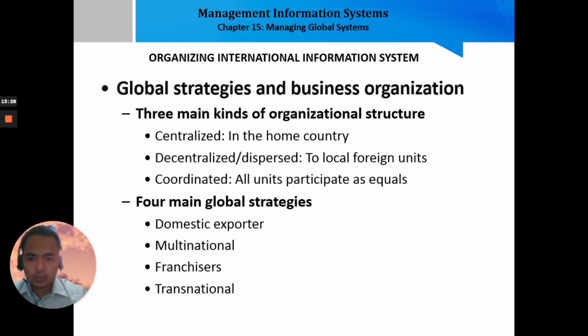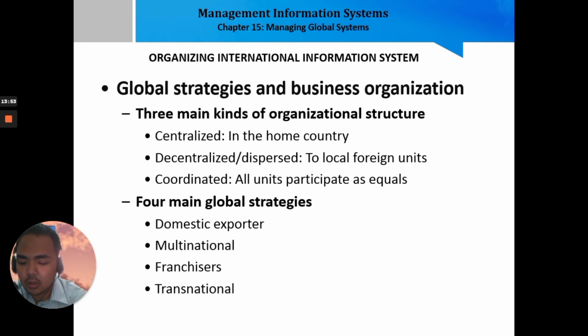So, of course, global strategies in terms of business organization. There are three main kinds of organizational structure. First is centralized, wherein the product is managed from its home country.